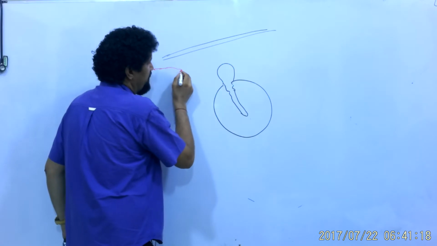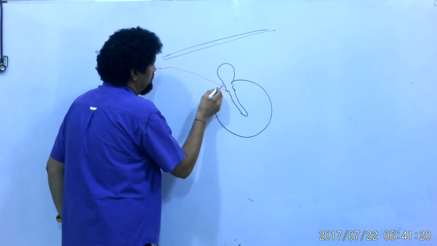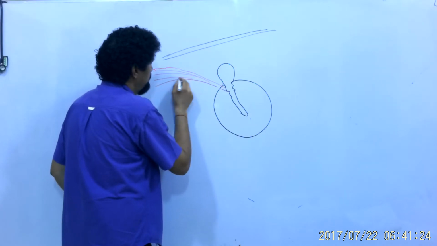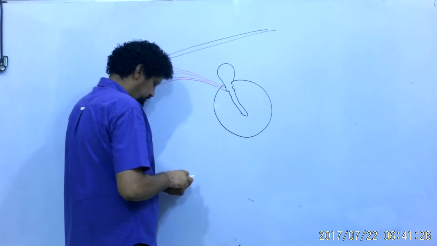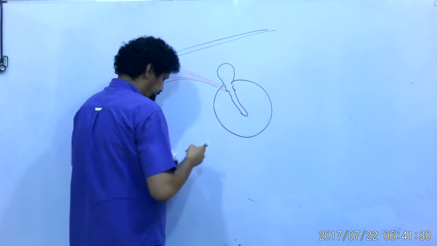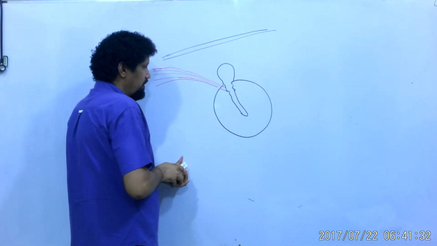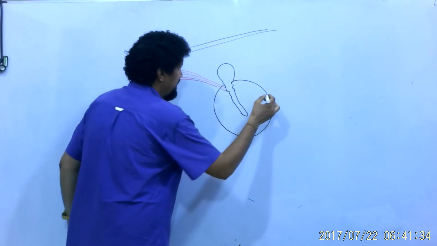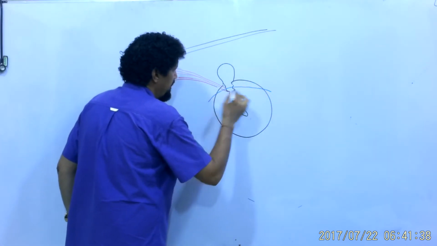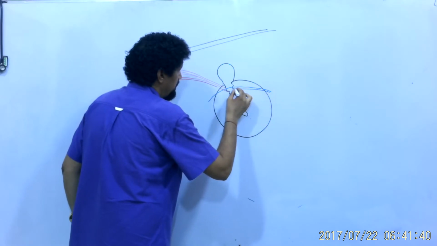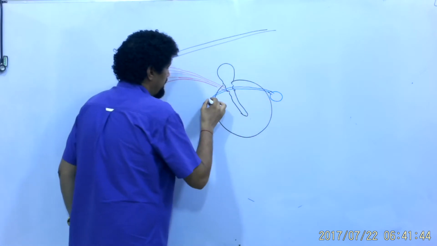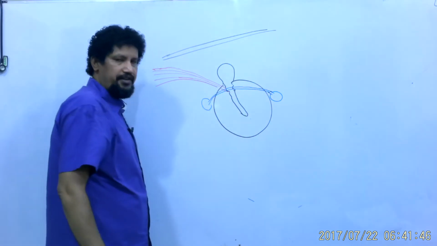This is the tensor tympani muscle. And this is the chorda tympani nerve, which is running from posterior to anterior part, entering from the posterior canaliculus and leaving the middle ear cavity through the anterior canaliculus.